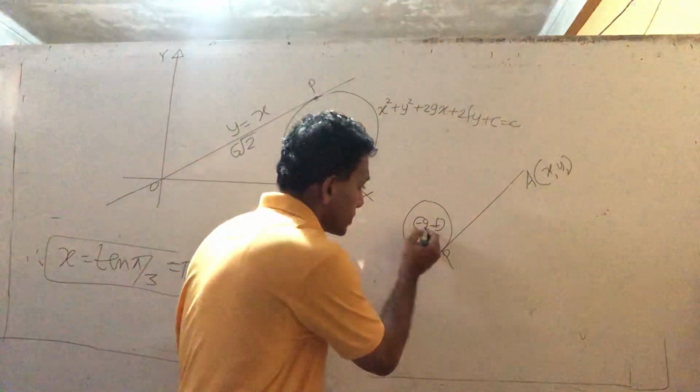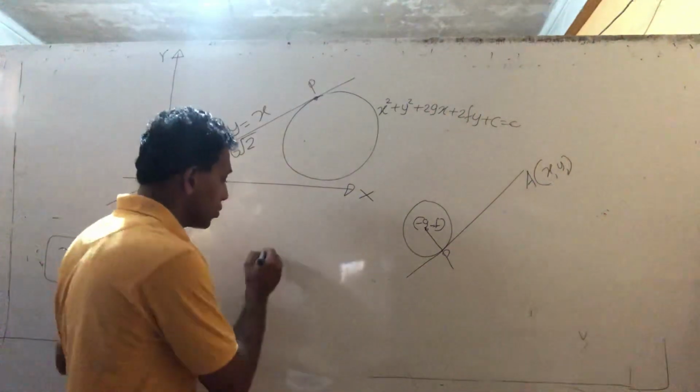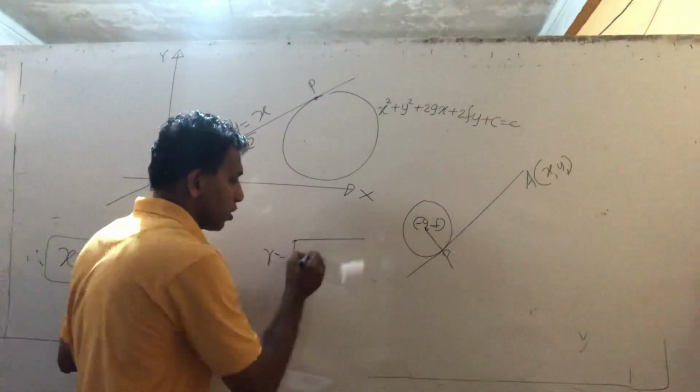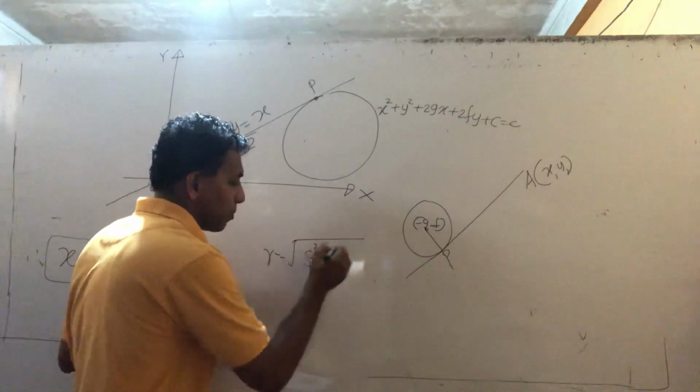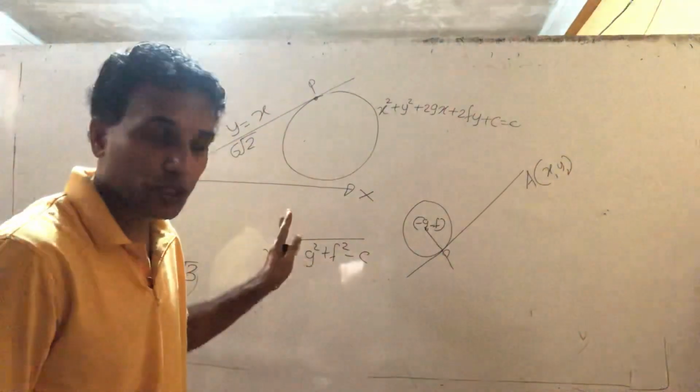What is the radius of a circle? Square root of g square plus f square. Here I am showing the theory part, not this question.